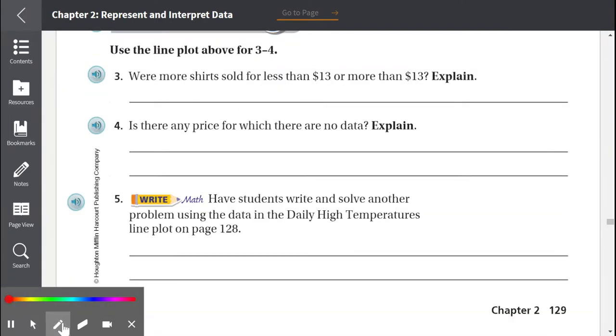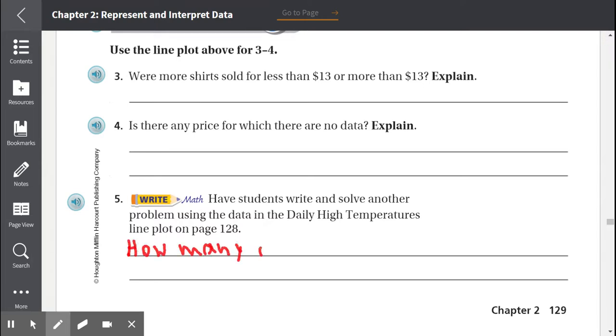So our question was, how many days were in the month? And our answer, 31 days.